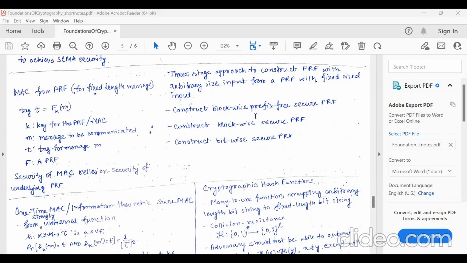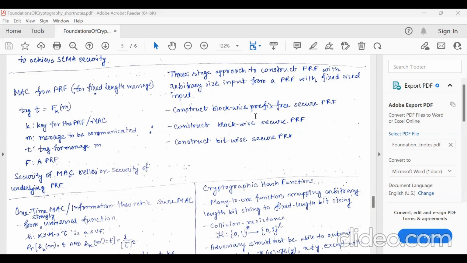There will be several blocks, each with some particular length, and you are generating PRF output for each such block. The restriction is that when you divide your message into several blocks of the same length, those messages should be prefix-free. Only in that case is the adversary not able to distinguish the output of the PRF from a truly random function.